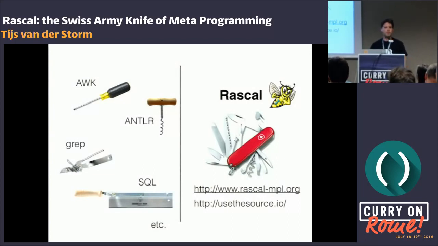For more complex stuff, you would use ANTLR or something. If you just want to search for some string, you would use grep. But if you need more complicated queries over facts derived from your source code, you might want to use SQL. So all these tools and other tools are very good at one particular thing.